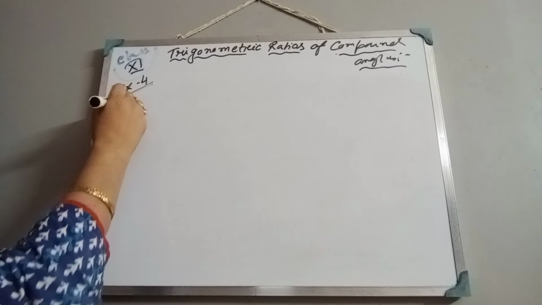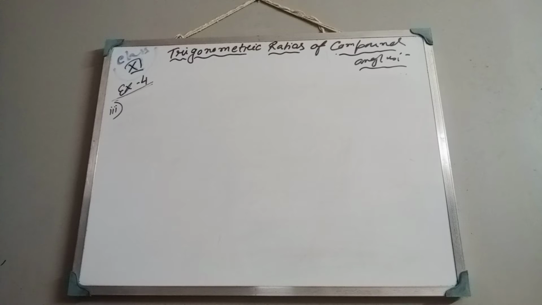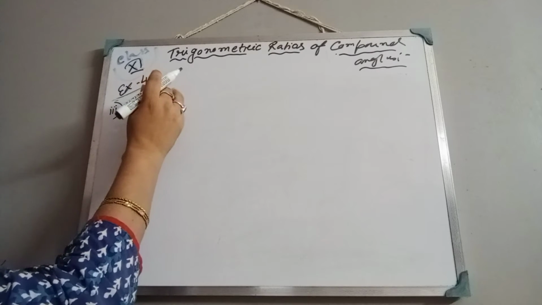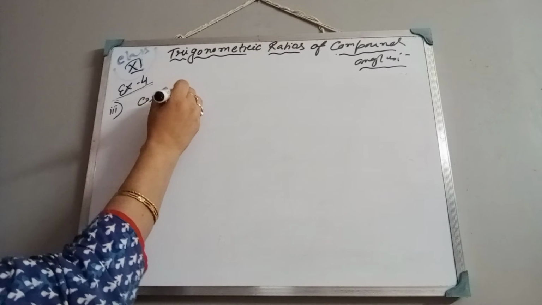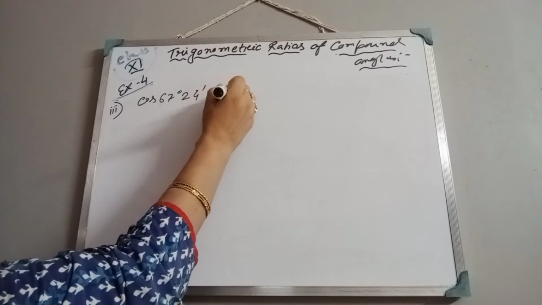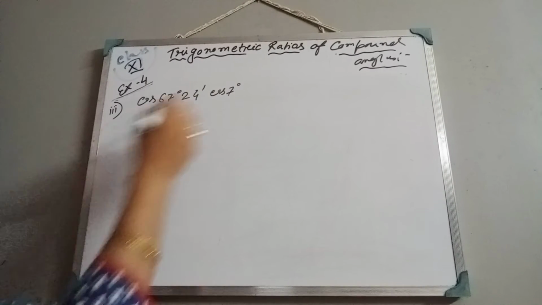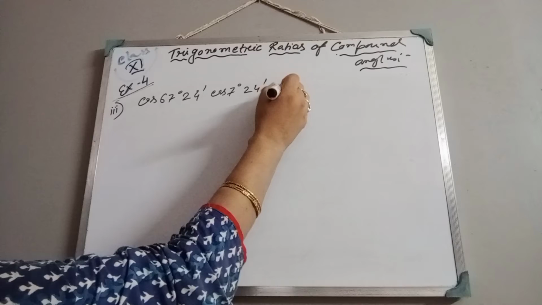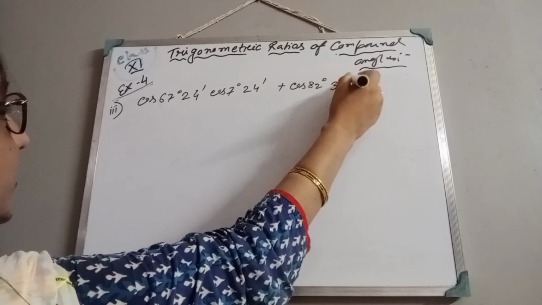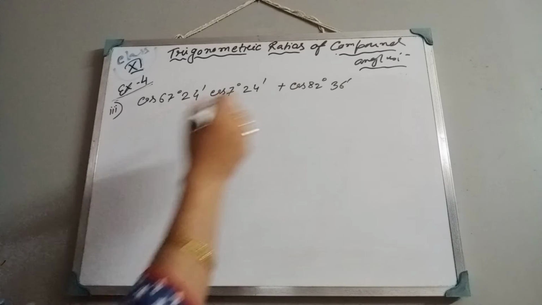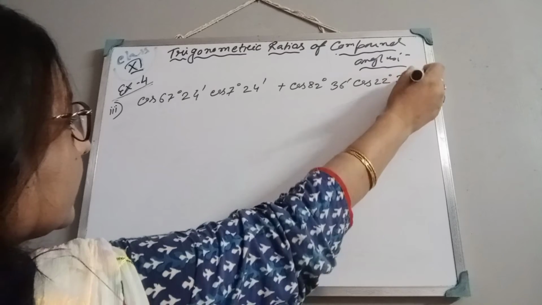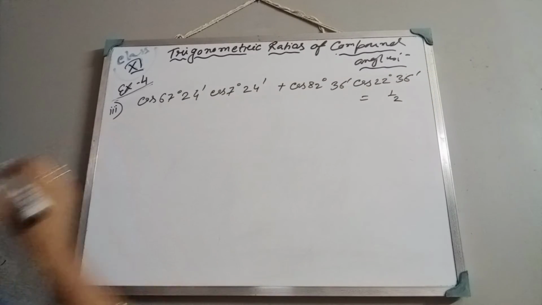Number 3. What we have to find out: cos 67 degree 24 minute, cos 7 degree 24 minute, plus cos 82 degree 36 minute, cos 22 degree 36 minute is equal to half.